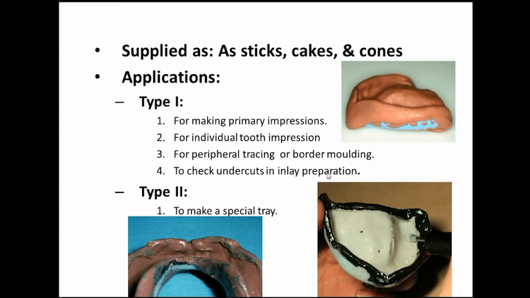What do you mean by inlay preparation? A preparation for a single complex restoration. Type 2 is to make a special tray, and make a special tray by impression compound. After that, take the final impression by this impression compound for final detail.